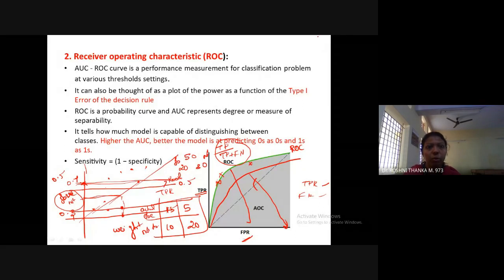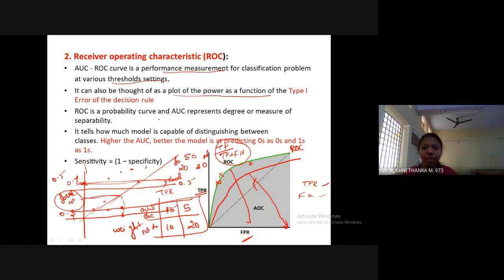From this, if you read it now, you will understand: the AUC ROC curve is a performance measurement for classification problems at various threshold levels. So we have to use different threshold settings and then measure the performance. It can also be thought of as a plot of power as a function, and we are able to evaluate the errors as well.